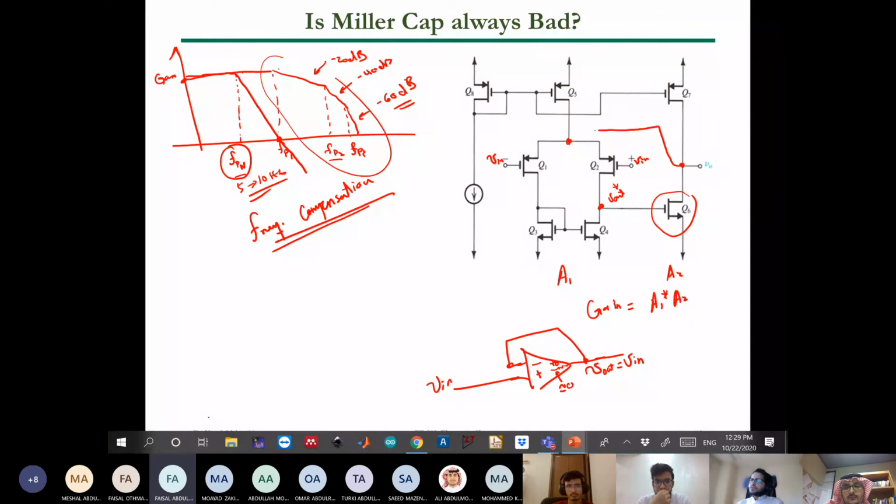Common drain? Maybe just by connecting the V out to V negative, right? And this is what I am doing here, because the differential amplifier Q1 and Q2 is the input stage of your differential amplifier. I just need to short the V output to V negative, and that's it.